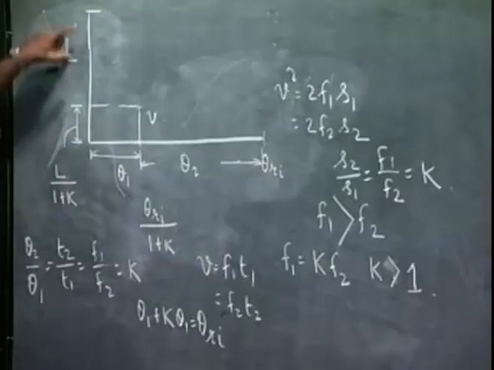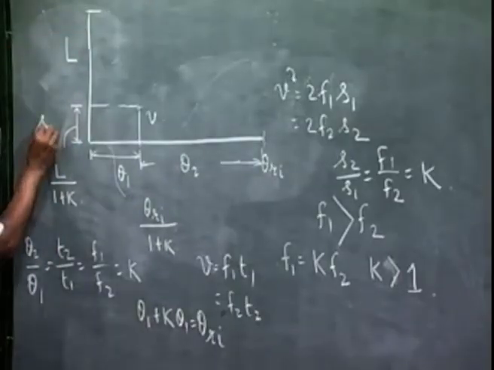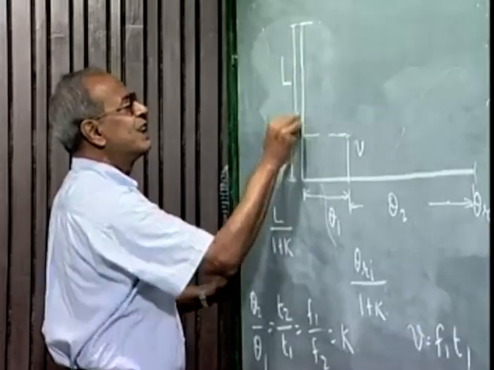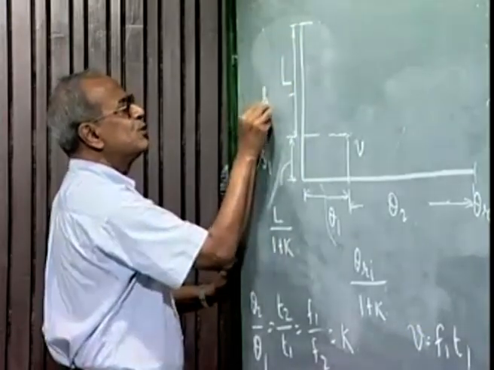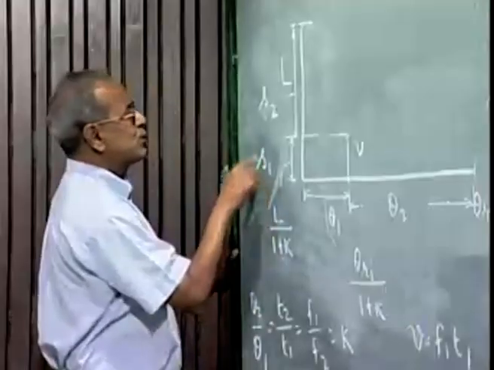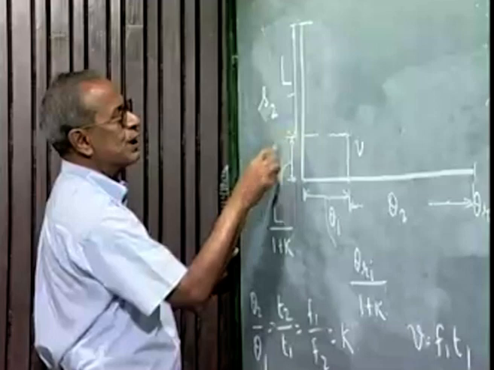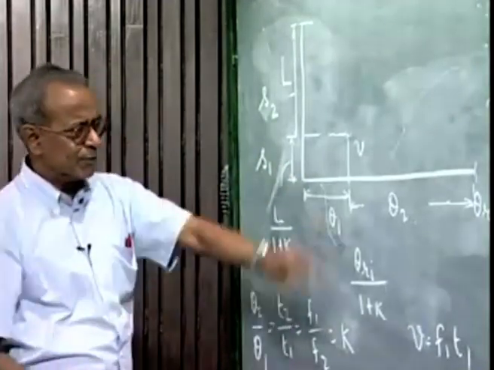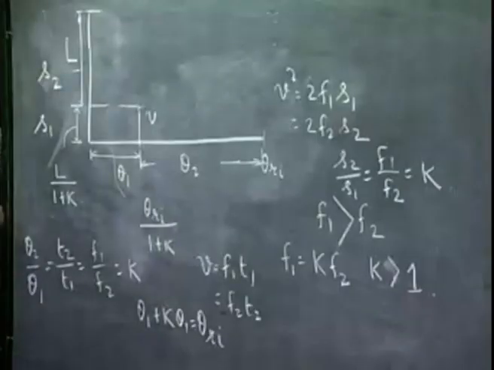And s1 plus s2 is the total lift. So this I call s1, and the rest of the lift I call s2, and as we see s2 by s1 is k and s1 plus s2 is L, so s1 turns out to be L by 1 plus k. So these are very simple things, you can do it yourself.